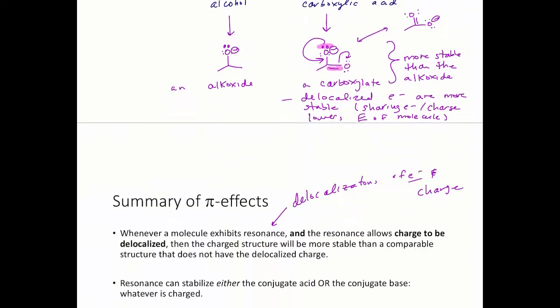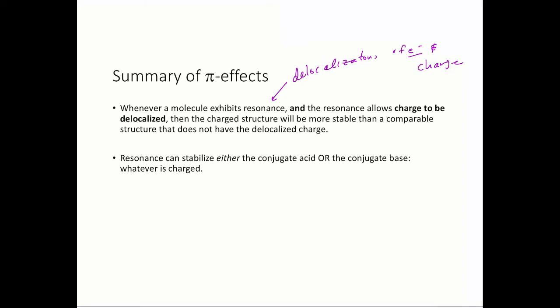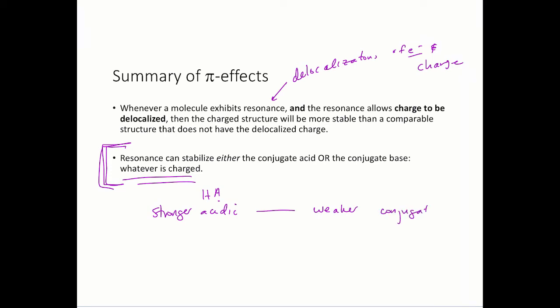I want to point out, and this is for later, I don't have an example right now, that resonance can stabilize either the conjugate acid or the conjugate base, whatever is charged. And you just need to rely on your knowledge that a stronger acid, HA, corresponds to a weak conjugate base, maybe one that is stabilized by resonance.